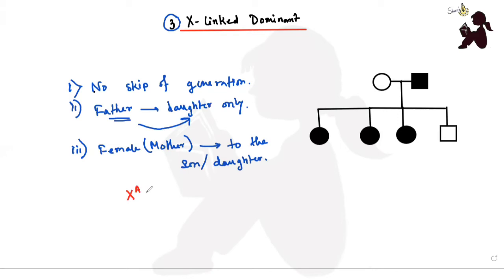Now, suppose XA is the diseased X chromosome. When the genotype is XAY for the male, he is diseased. For the female, when she has a genotype of XAX, she will be diseased or affected.